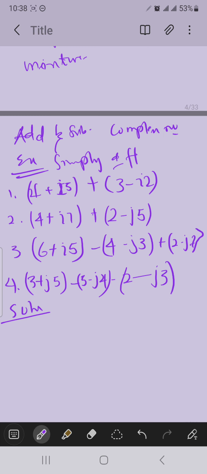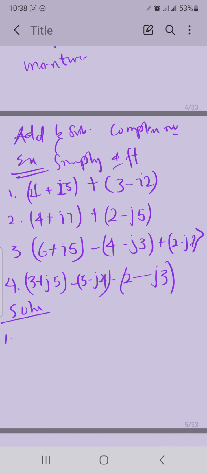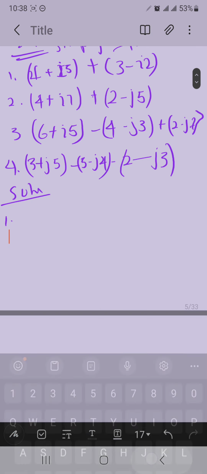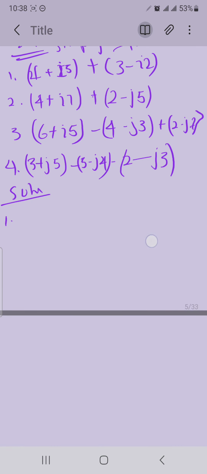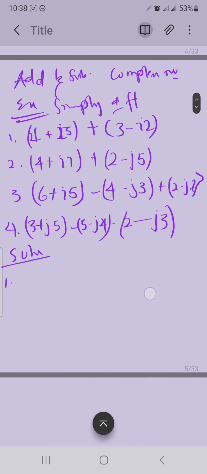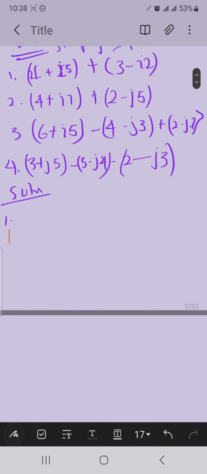When we want to do this first question, we have 2 plus 5i, plus open bracket 3 minus 2i. What you are going to do is add the real numbers and add the imaginary parts.